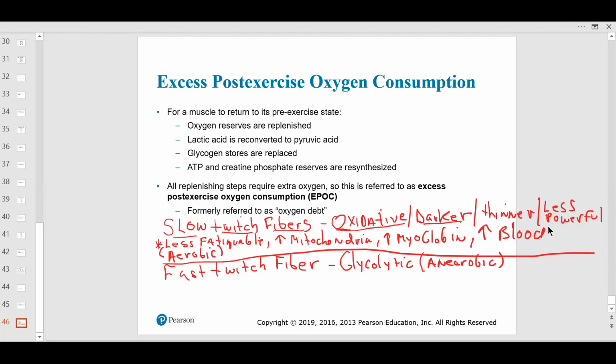Fast twitch fibers are lighter, thicker, and more powerful. So every muscle group has slow twitch fibers and fast twitch fibers. Every muscle group has dark fibers and light fibers. I'm not talking about actin and myosin here. It's nothing to do with that. All right, so fast twitch fibers are more fatigable. We'll go into debt faster.